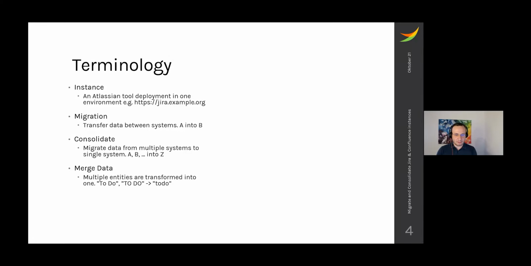This would be called merging in the scope of this presentation. Also, there is mapping of entities. So for example, if you just want to change a name or ID during migration, you will probably need to do this because there may be ID conflicts or name conflicts.